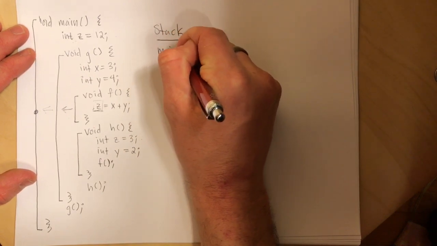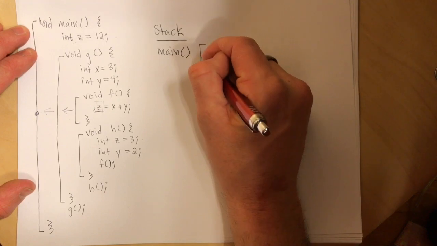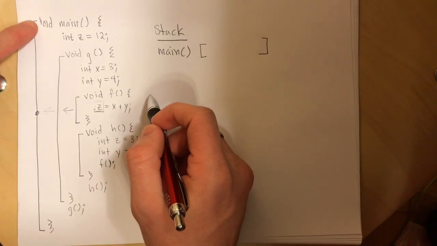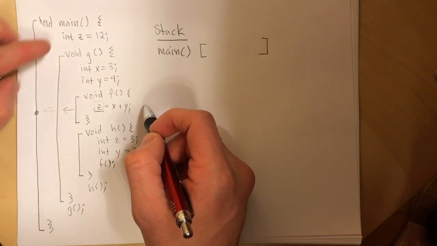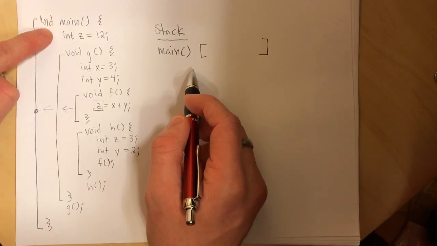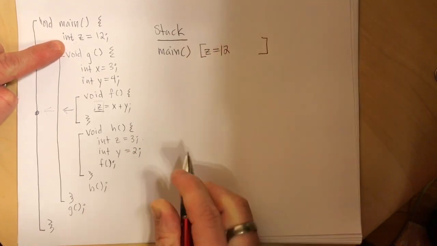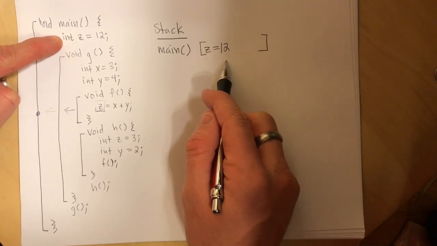So there's a call to main, and you'll find it helpful to use square brackets to store the variables as the code is running. Notice main declares a z and sets it equal to 12. So main now has a local variable named z, set equal to 12.